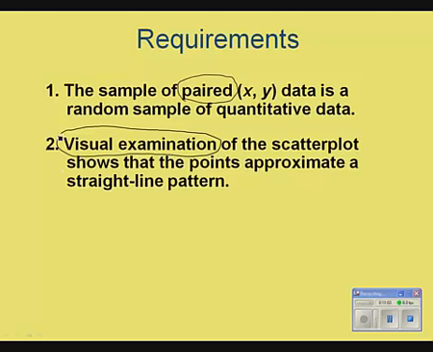Visual examination. They showed an example last time where the data looked like this. Remember that? You guys remember that example? If you get that, do we want to do a line? No. Okay? You really ought to take a look at your data in addition to using the formulas.